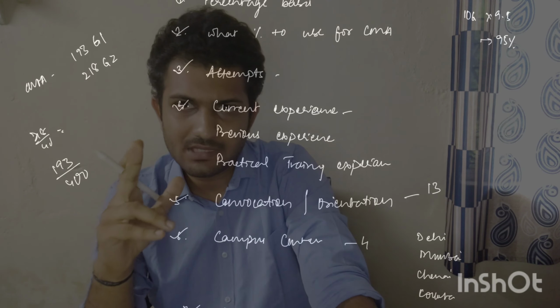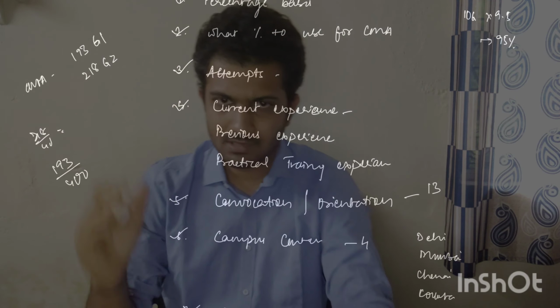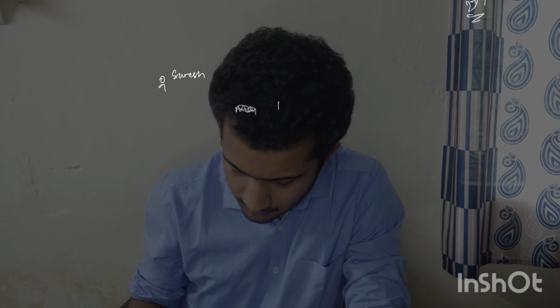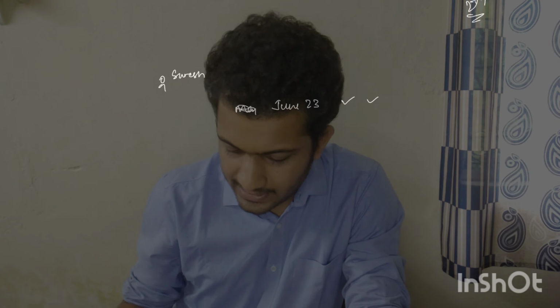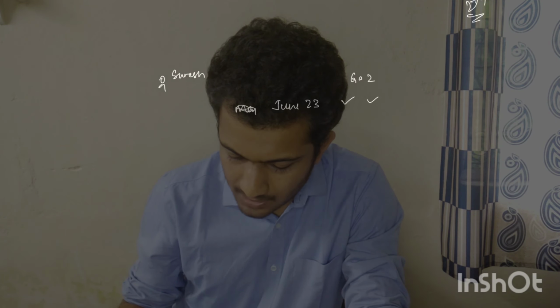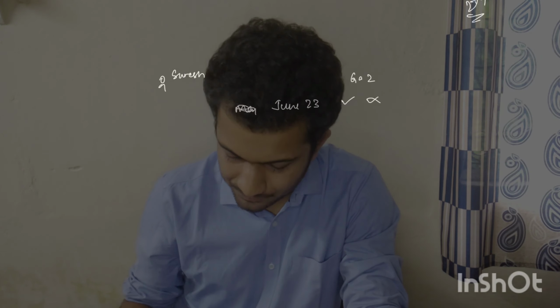So I think attempts might be cleared. I'm just explaining attempts again. This is Suresh. In June 23, he passed one exam. He gave both the groups, passed one exam and failed the other.